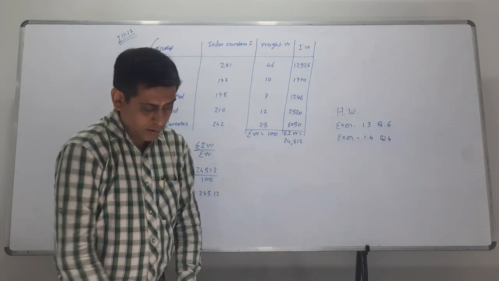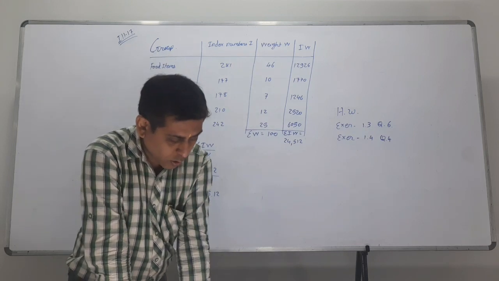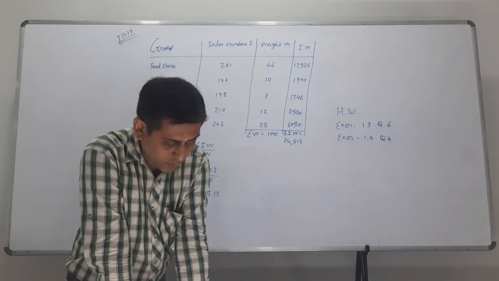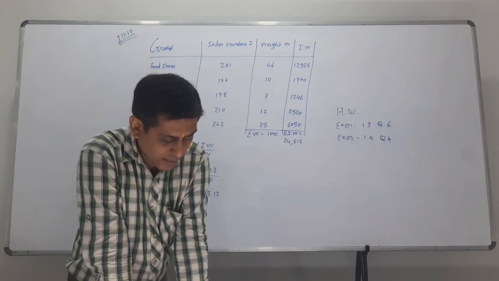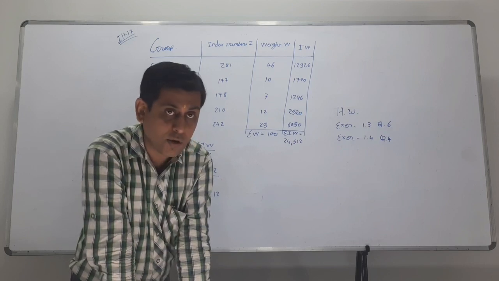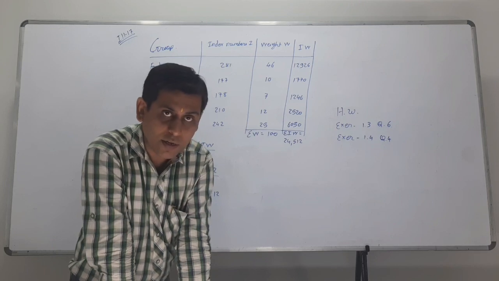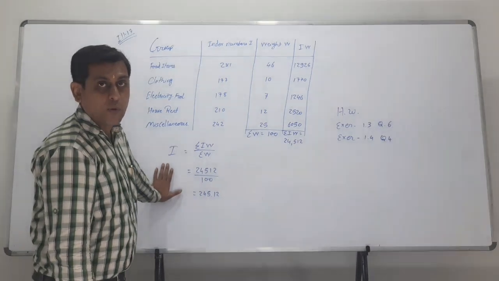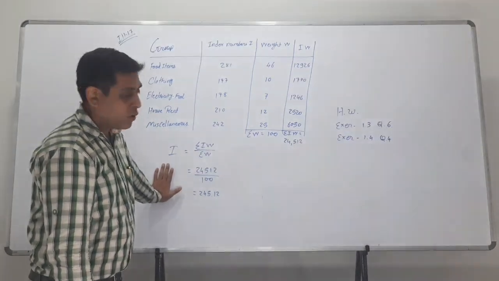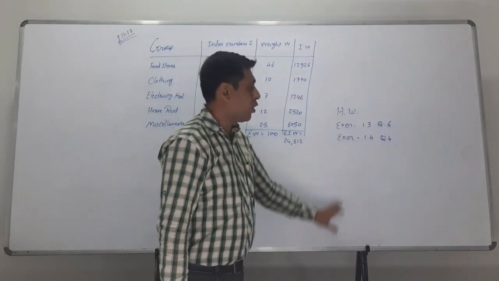See here, the question says that you have to find out the general index number for the production using the following data. Here weight is given, index number of production is also given, so I and W is given. That's why you just have to find out the index number this way. Okay, so this is your homework.